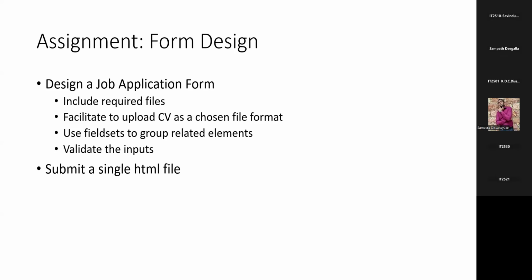And make sure that you validate what users are entering into the form. Also use field sets to group related elements. Ideally, in a job application, you are asking different types of information, personal information, education information, and so on. So appropriately, you can group them. And also have a place to upload a file, ideally a CV.